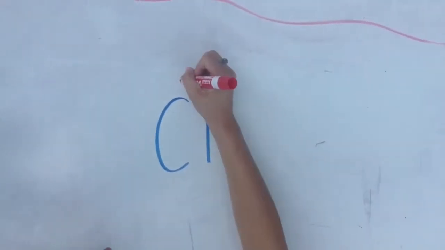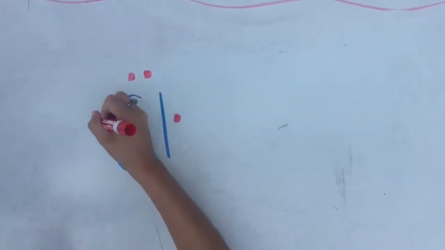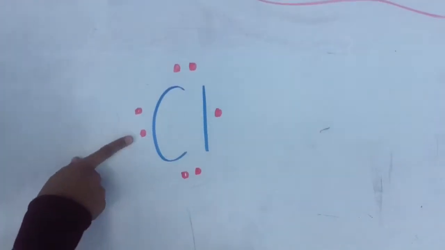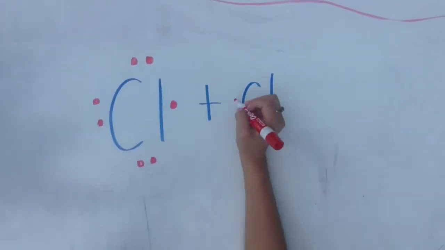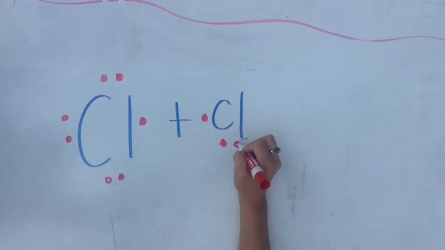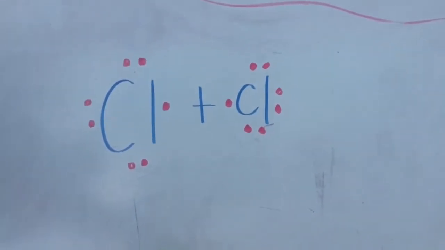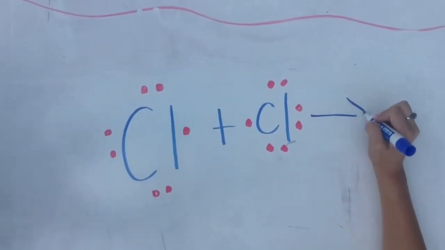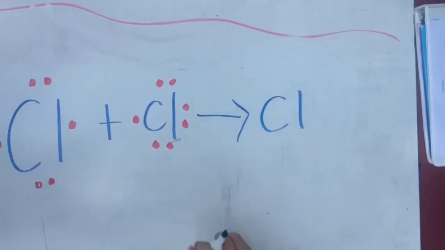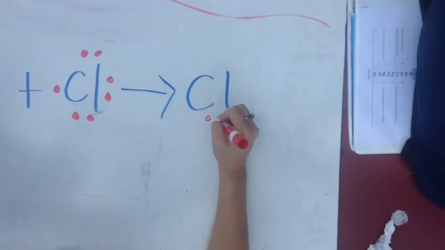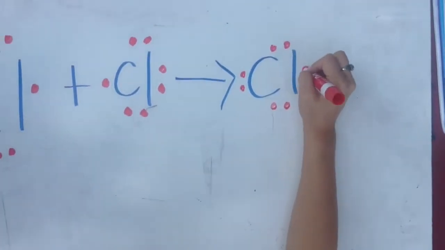Cl has 7 valence electrons: 1, 2, 3, 4, 5, 6, 7. And then we're using it twice, so we have another one: 1, 2, 3, 4, 5, 6, 7. We want to combine our two elements of chloride. That's what Carly is doing right here, drawing the two elements with their valence electrons.